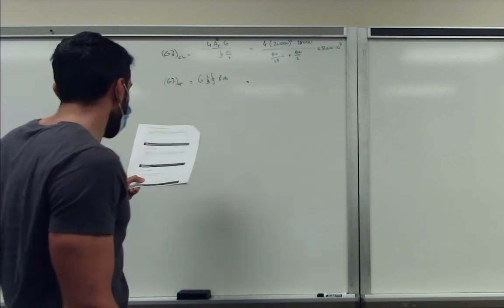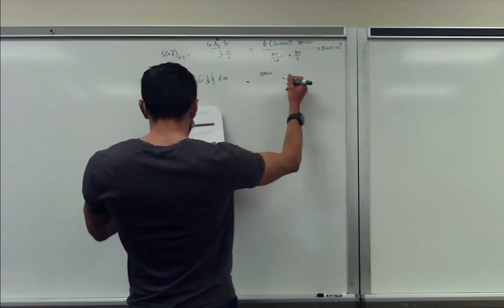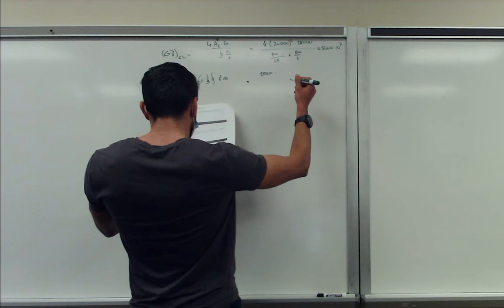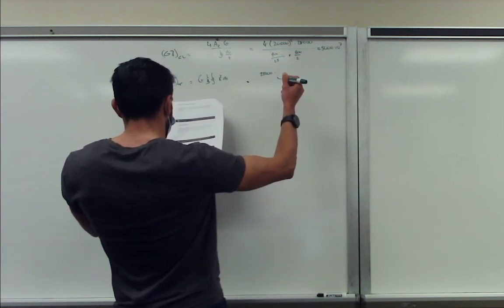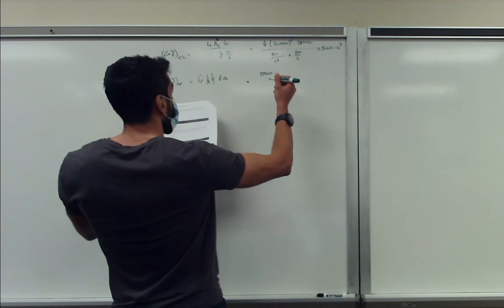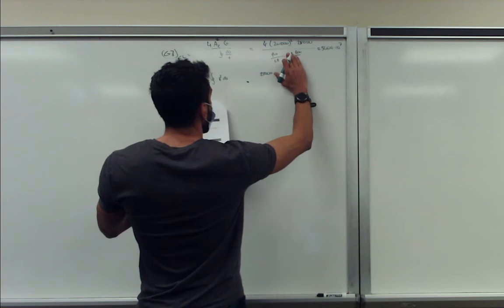That's correct. So what we get is 25,000 multiplied by one third. I made a mistake on this side, by the way.